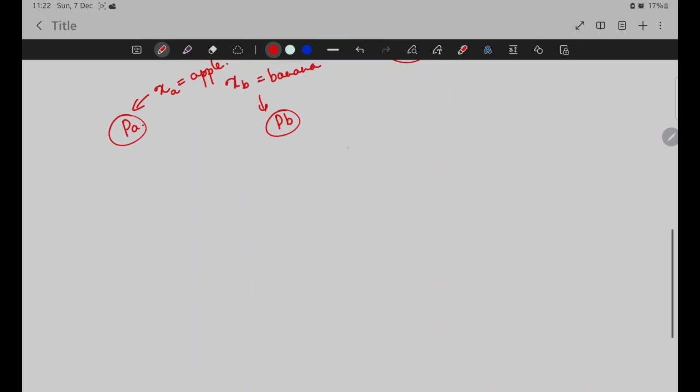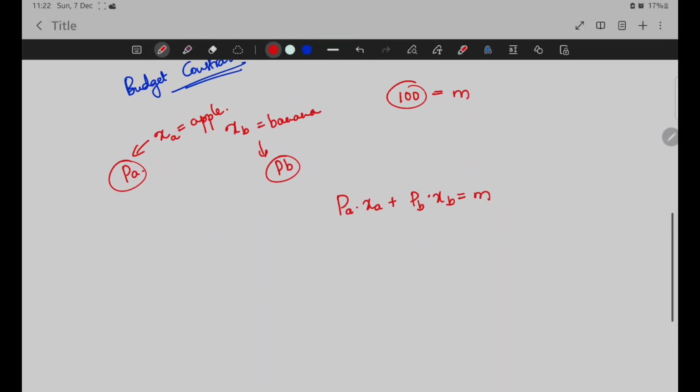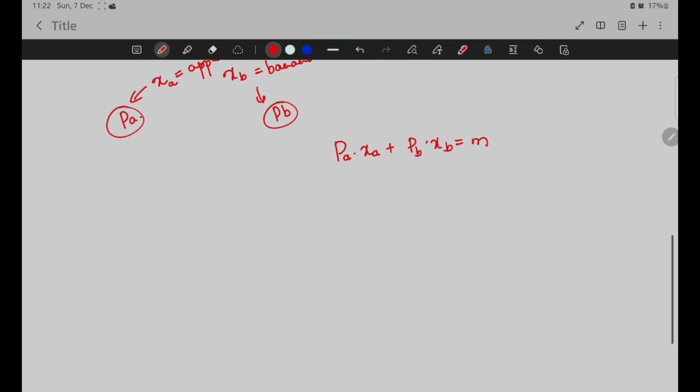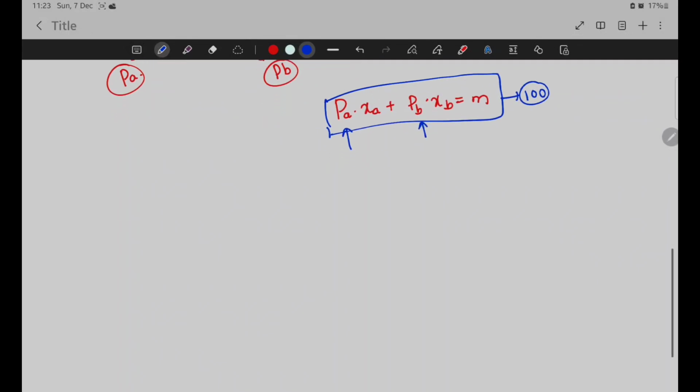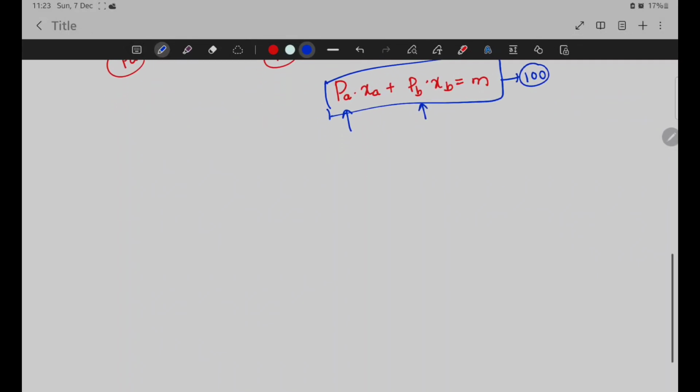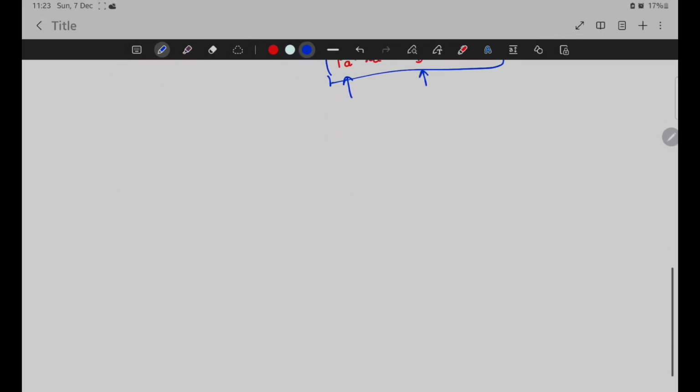So the budget constraint is pa into xa plus pb into xb equals m. That's 100 in this case. So the thing is, you can purchase the goods which cost maximum 100 rupees at the given prices of apple and banana, right?